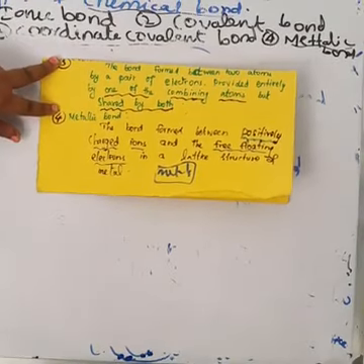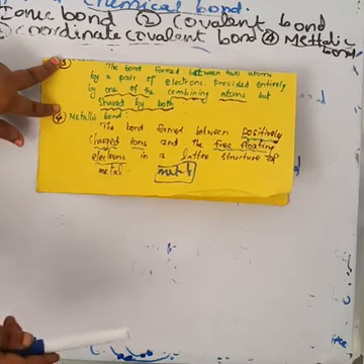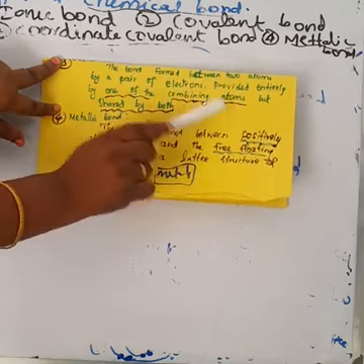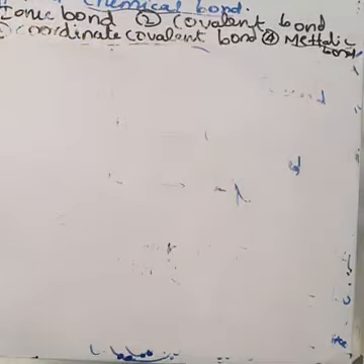Here bonding takes place between the 2 atoms, but only one atom shares the pair of electrons with the other atom. In a covalent bond, both atoms share electrons, but in a coordinate covalent bond, only one atom provides the pair of electrons.